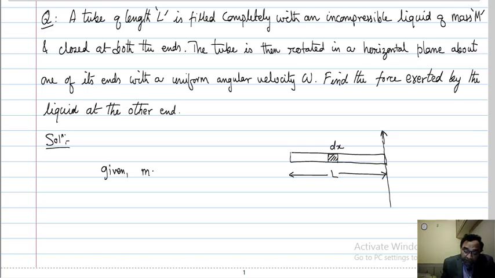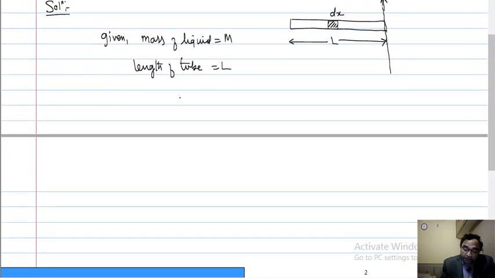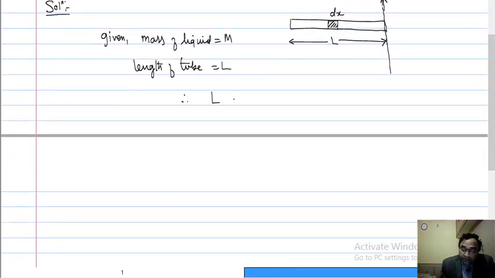Given mass of liquid, this is m, length of tube is L. So from this what we can conclude is, length L, mass is m, therefore, for length dx, what will be the mass? That is m by L into dx.